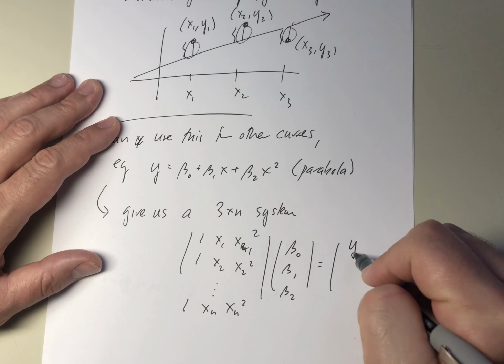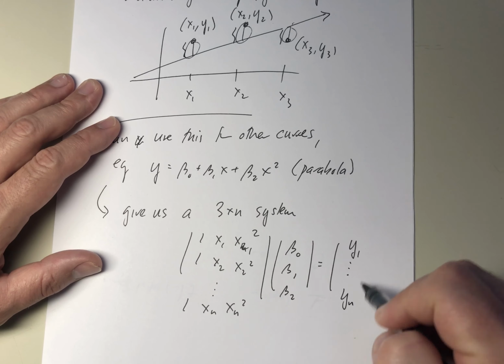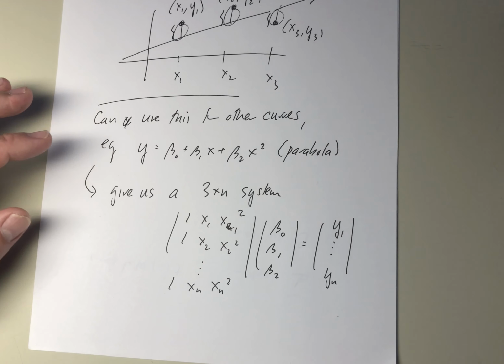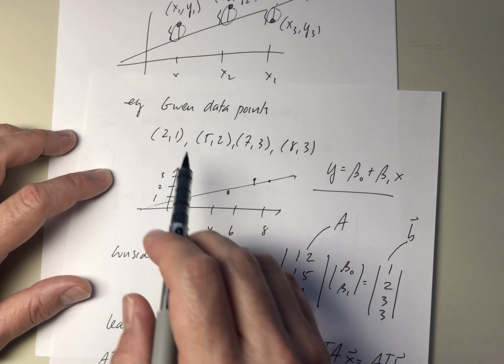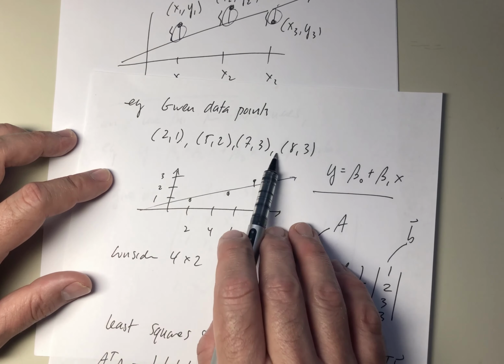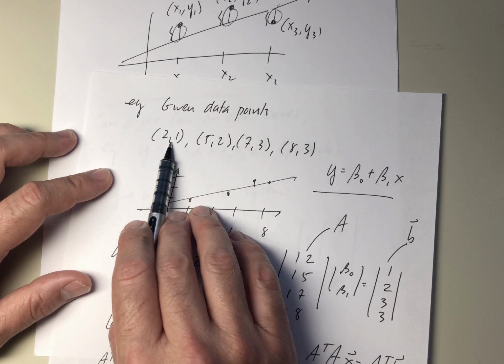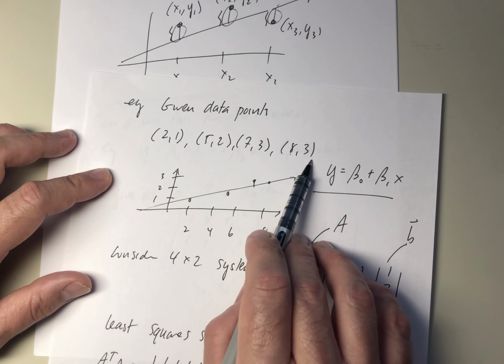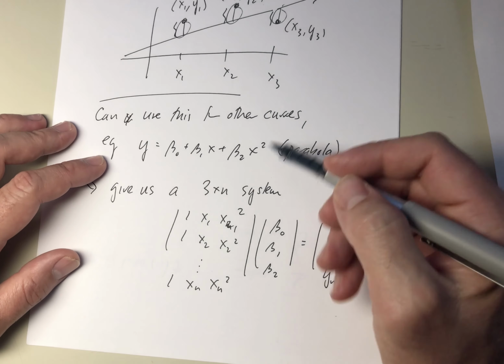And then this would equal the right-hand side, which is given by the y values. And of course, this is the data point, in case n equals 4, you have 4 data points. Then the x1, y1, x2, y2, x3, y3, x4, y4 would be the things that you plug in here.